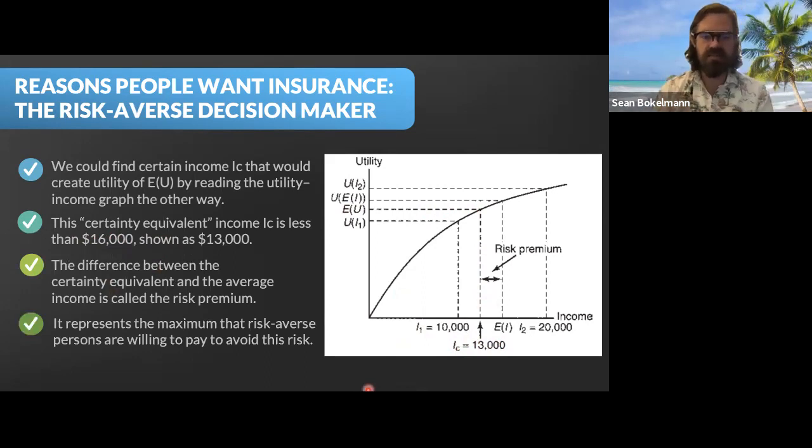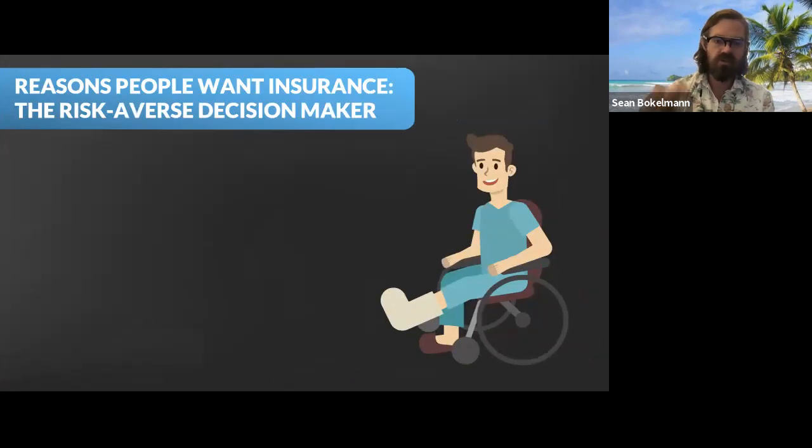So this, again, is the maximum that risk averse people are willing to pay to avoid the risk. $3,000, right? This person would pay $3,000 to completely eliminate any risk. Of course, they'd be willing to pay something more, but that's the most they're willing to pay.